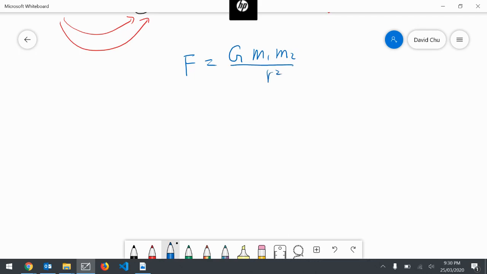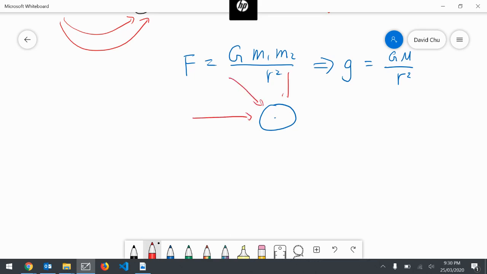If we rearrange this, we end up with g equals G M divided by r squared. The gravitational constant is not an arbitrary 9.80 around the Earth; it's actually an acceleration constant for anywhere around the Earth. If this is a point mass, then the gravitational field strength is always pointing towards the center of the mass.